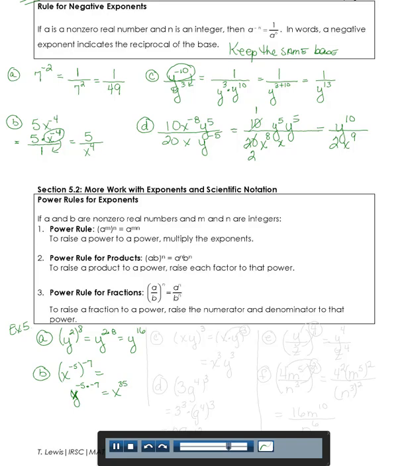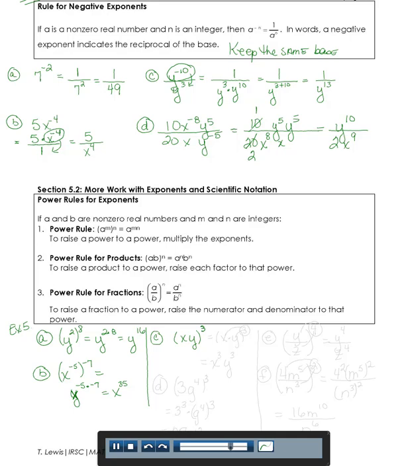The second rule, the power rule for products. What this is saying, we have x and y, and that is being raised to the 3rd power. We have a product.